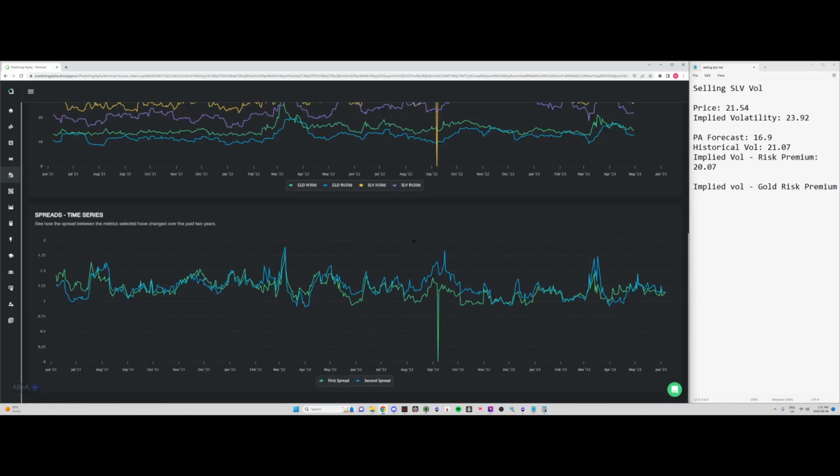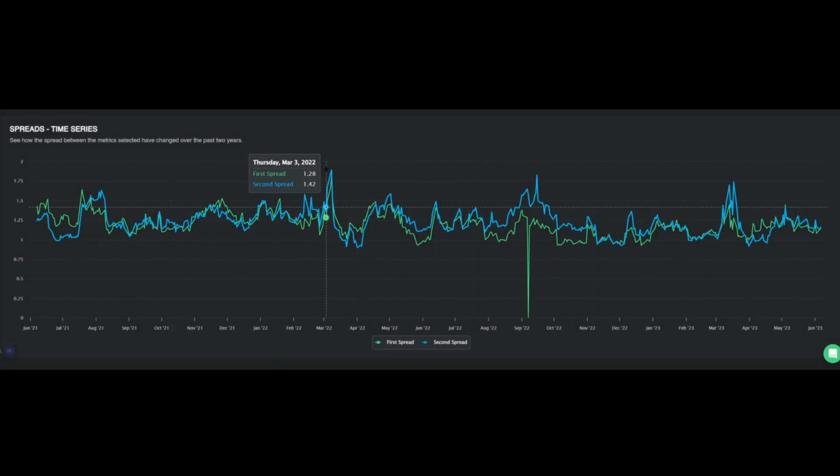After graphing this though, we can see that the premium for gold and silver move in tandem. If one is higher, the other one also tends to be high as well. In February, March of 22, we can see that the premium shot up a lot, but both of them shot up. There's a little bit of spread here, but other than that, the premiums for both tickers tend to be about the same throughout time, and we're seeing that here as well.